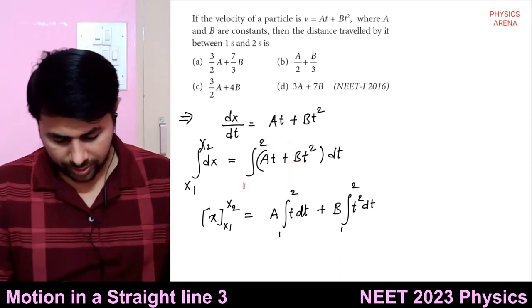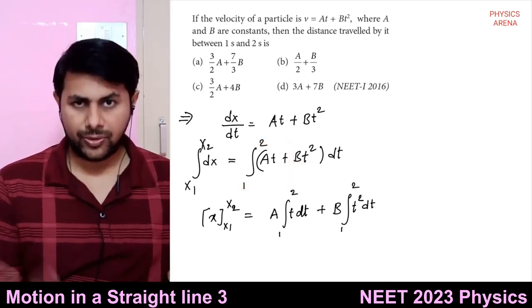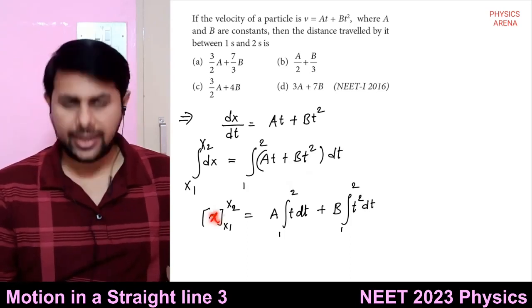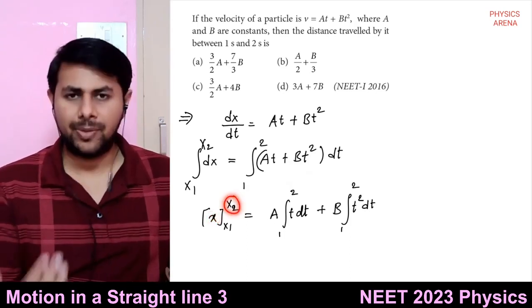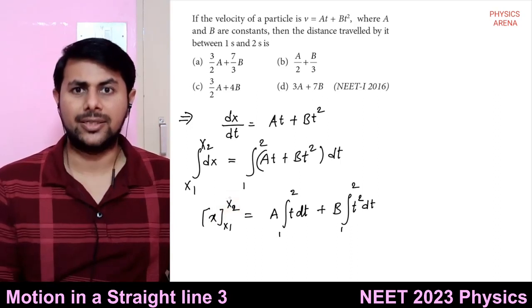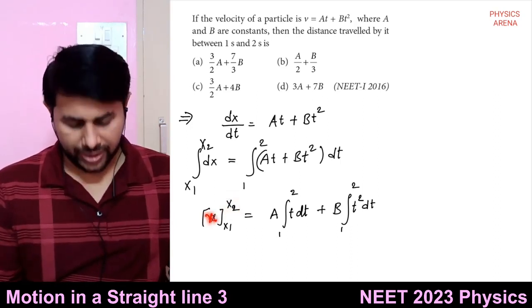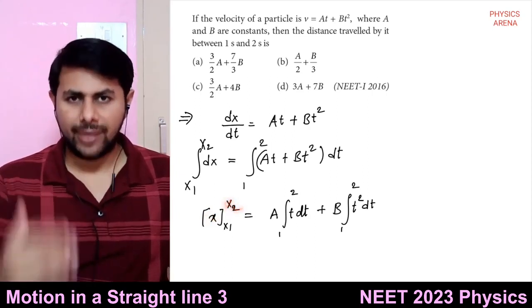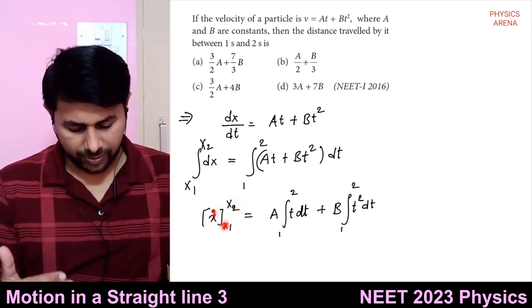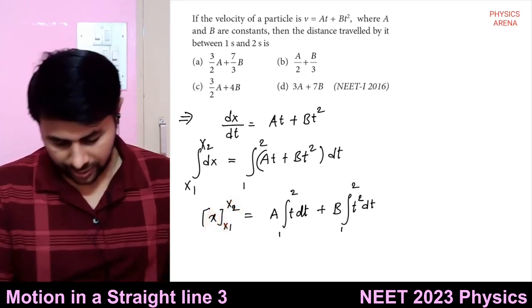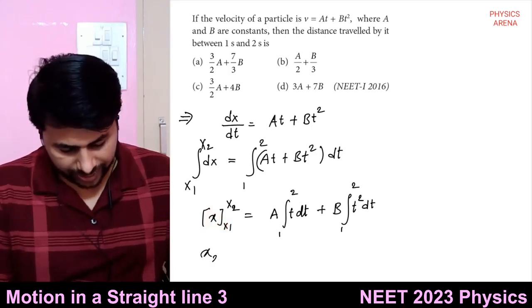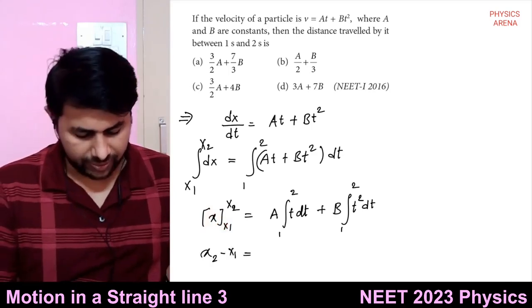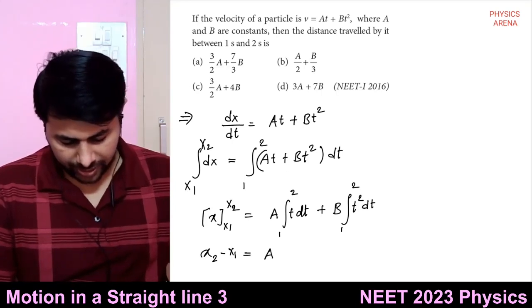So now what do we have to do? Here it's x: substitute the upper limit, which is x2, minus the lower limit in the same function. So it is x2 minus x1, and it's equal to a multiplied by the integral of t dt.